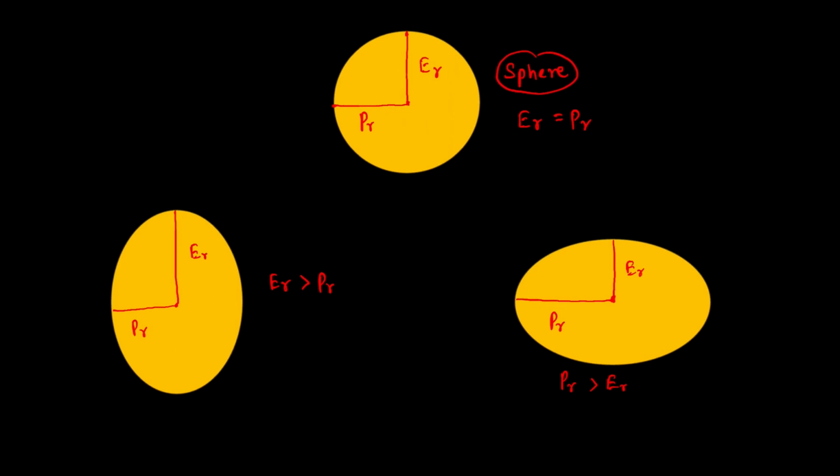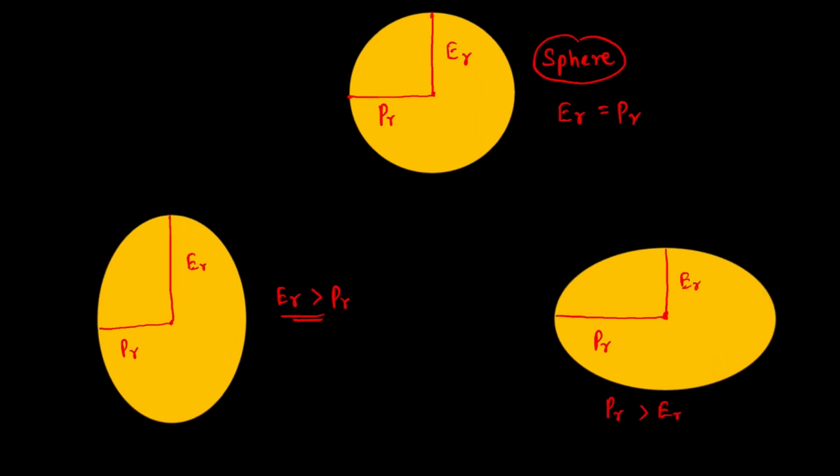If the equatorial radius is more than the polar radius, it is known as oblate. When the polar radius is more than the equatorial radius, it is known as prolate. So which structure is what?